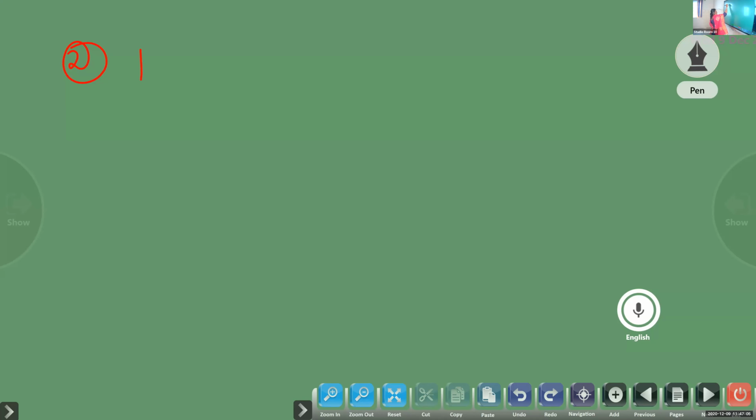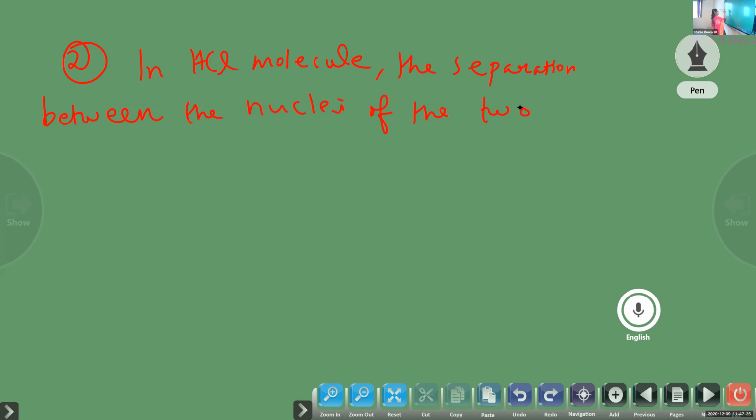In HCl molecule, the separation between the nuclei of the two atoms is about 1.27 angstrom, because they are very small.